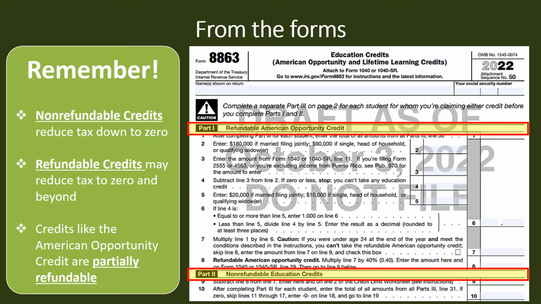So you'll notice that Part 1 says refundable American Opportunity Credit, so the refundable portion is going to flow through that part of the form, and then the non-refundable portion flows through with the other Lifetime Learning Credit, which is not refundable.